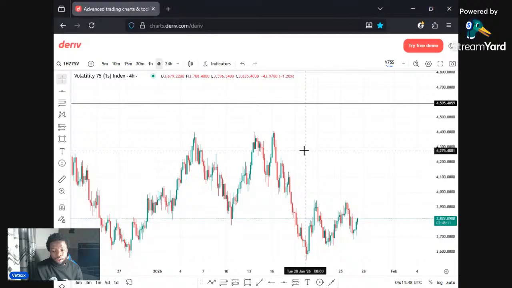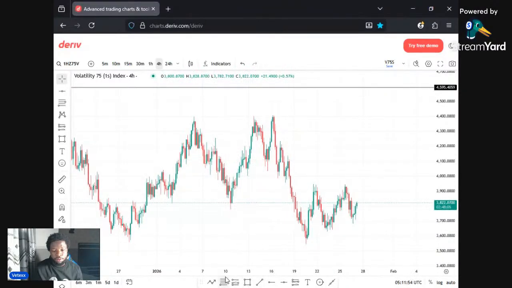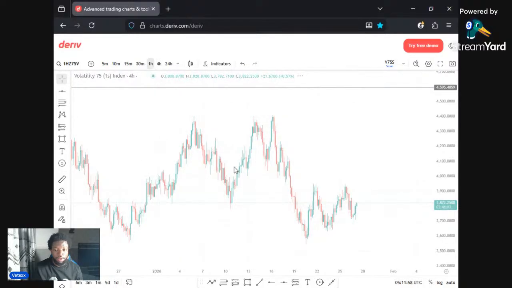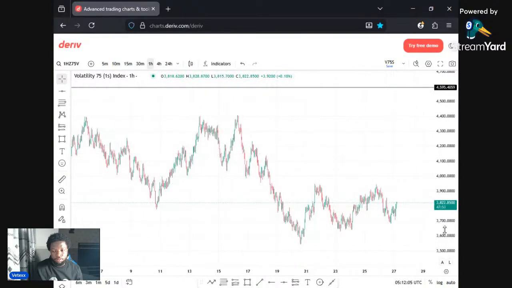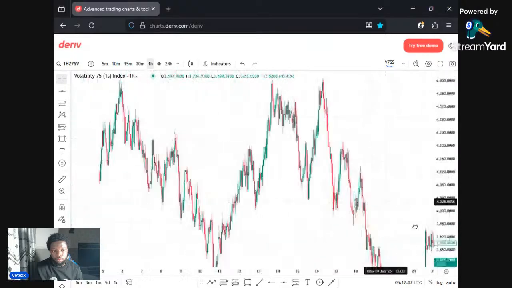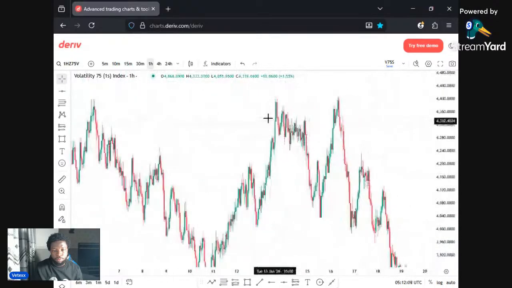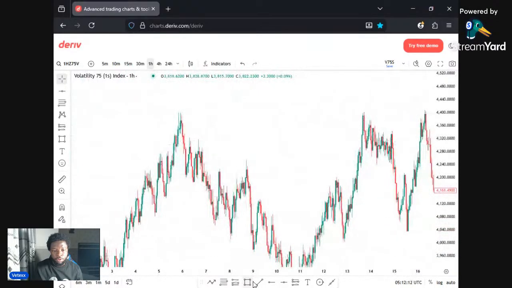There was a sell here that got respected on the 1-hour time frame. We had a sell here. On the 1-hour time frame, we have a sweep here.